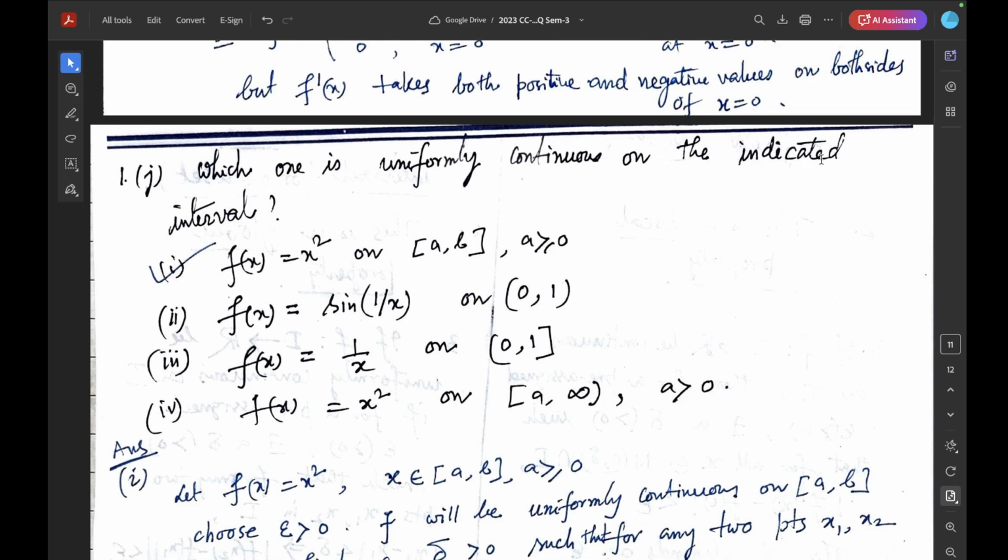Next, the last question, J: which one is uniformly continuous on the indicated interval. Option 1 is the correct option, f x equal to x square on the closed interval a b, for a greater than or equal to 0.